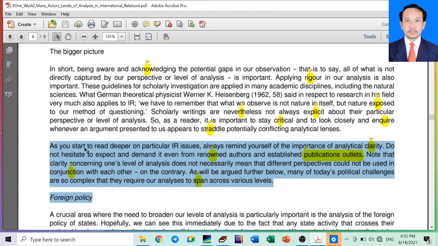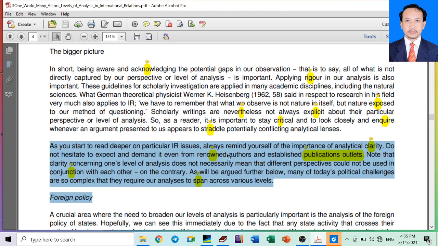As you start to read deeper on a particular IR topic, remind yourself of the importance of analytical clarity. Clarity means the quality of being clear and easy to understand. Do not hesitate to expect and demand it even from renowned authors. Renowned means famous for something.